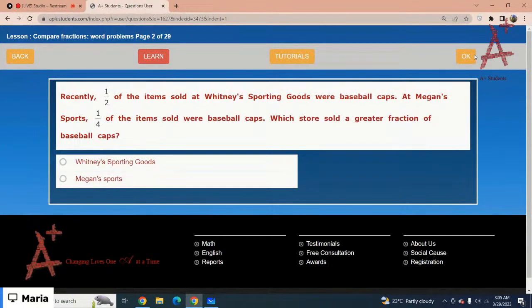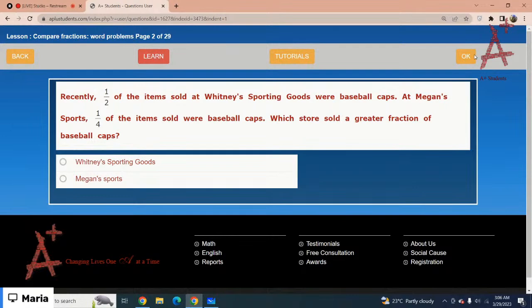Okay, the next one is recently half of the items sold at Whitney's Sporting Goods were baseball caps. At Megan Sports, 1/4 of the items sold were baseball caps. So which store sold a greater fraction of baseball caps? Half of the items means 50% of the items, and 1/4 of the items means 25% of the items.